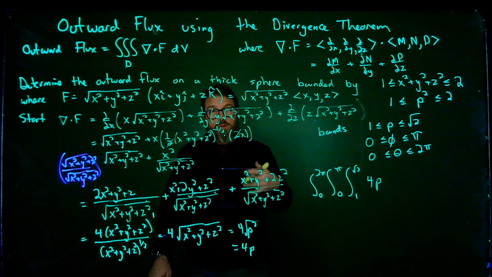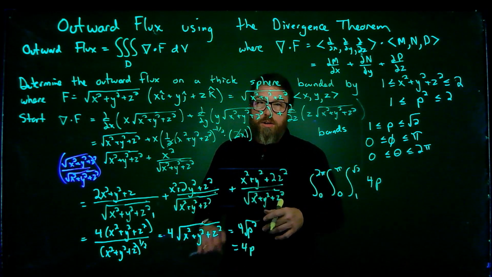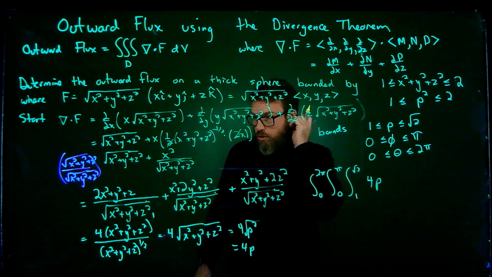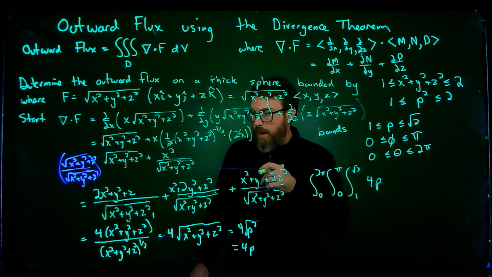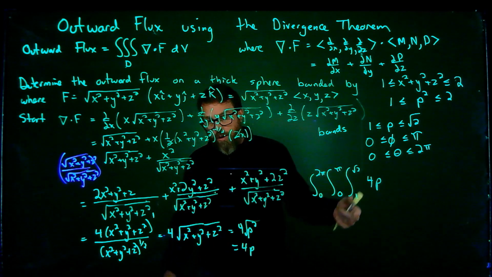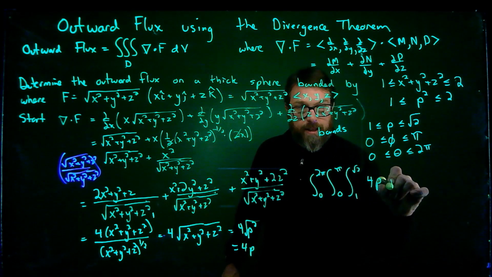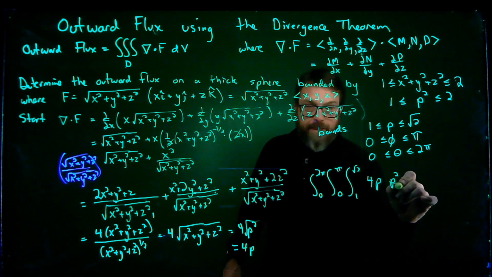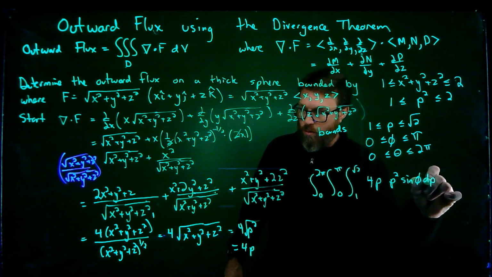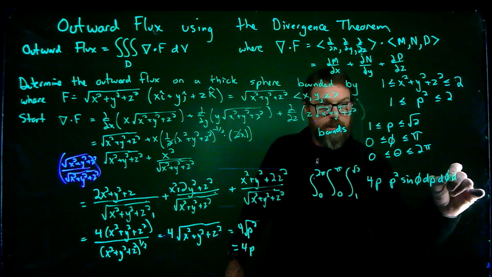Now, remember also when you turn something from rectangular into polar coordinates, you get an r dr d theta, but when you do this in spherical, you get rho squared sine phi d rho d phi d theta.